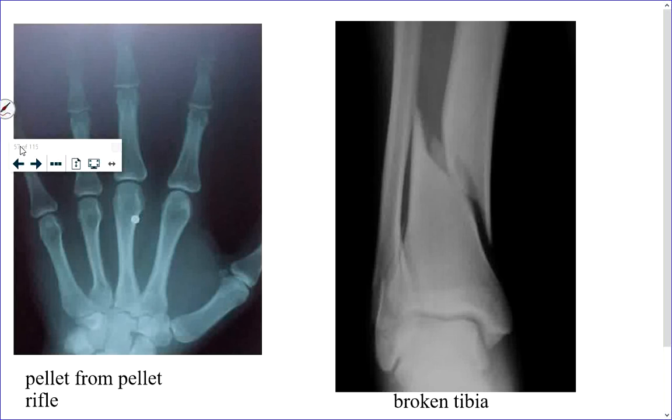And the only way they could locate all of the pellets to get them out would be to dig around. Right? So they would most likely just amputate your hand, that would be my guess. But with an X-ray, you can actually see what the damage is. This is a broken tibia. What's the tibia? Is that the bottom of your leg?